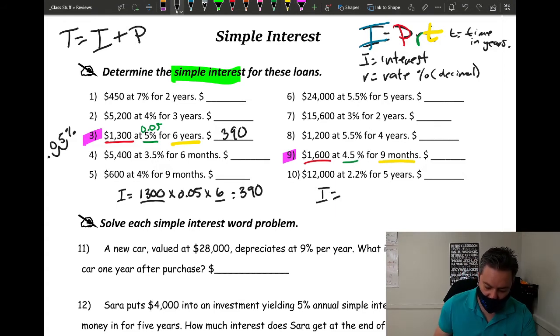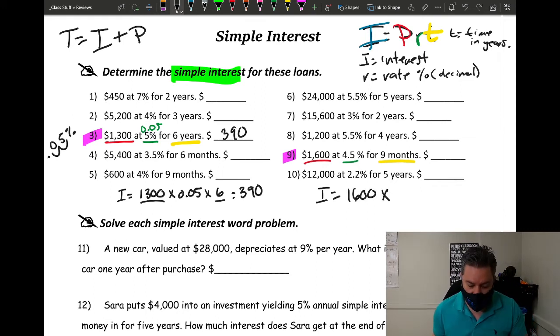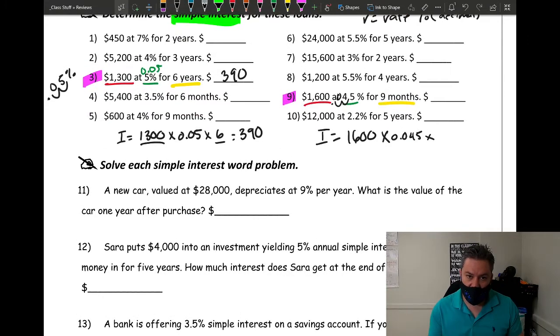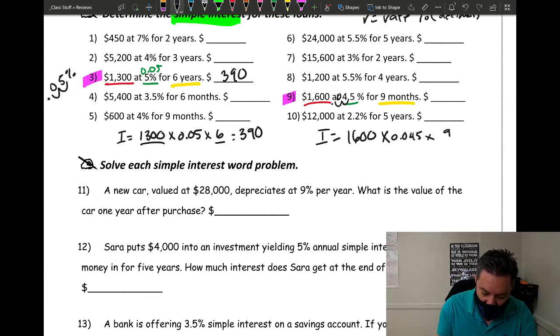I equals my principal, 1,600, times my rate. Remember, this has to be 1, 2, filling with zeros: 0.045. That's my rate. Times the time in years. In this case, since I have 9 months, I'm going to do 9 over 12 months.